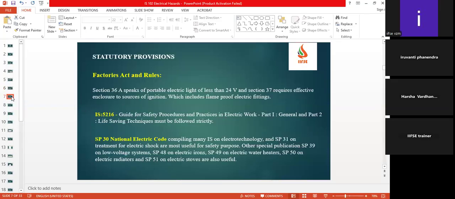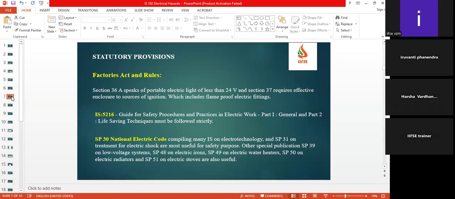Now we'll see some of the statutory provisions. As per the Factories Act, which is applicable throughout India, section 37 speaks about a portable electric light of less than 24 volts, and section 37 requires effective enclosures to sources of ignition, which includes flame-proof electrical fittings.